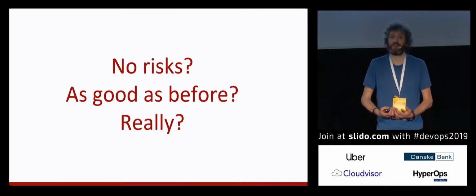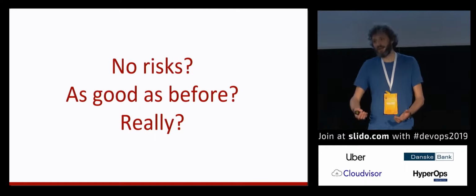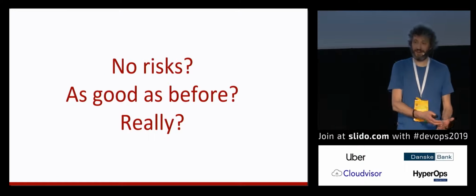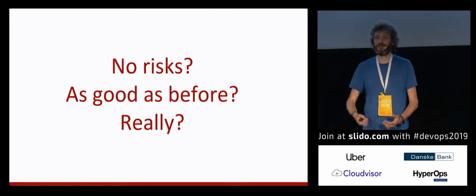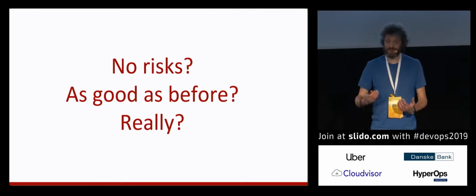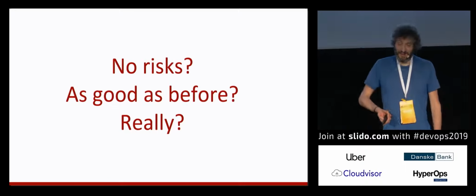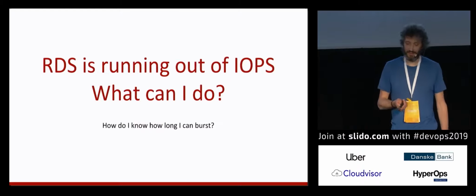Worst case is as good as before. I mean, okay, I apply the change, it takes 12 hours, but I might have to wait. But I was under heavy load, so I had to do something, because you don't want to say to your CTO, well, I did nothing. I was just analyzing the logs. So you did something. And you might say, well, worst case, I'm just waiting for something better. Well, it's not really that straightforward.